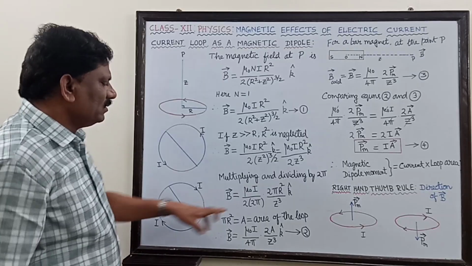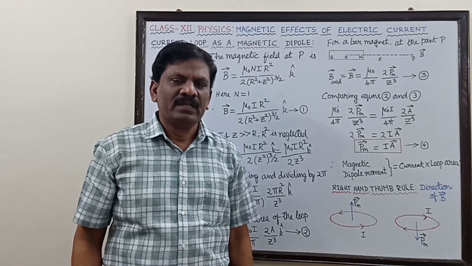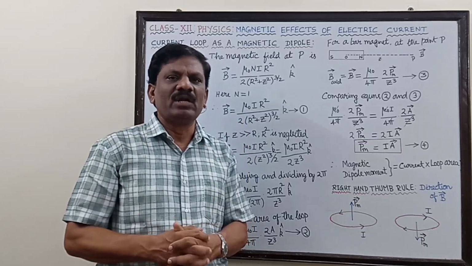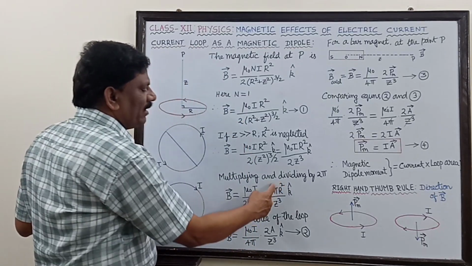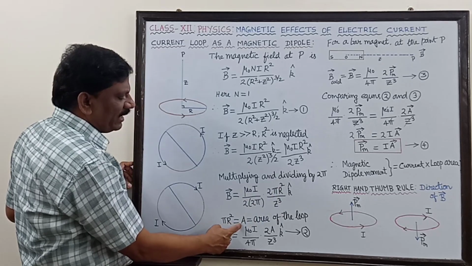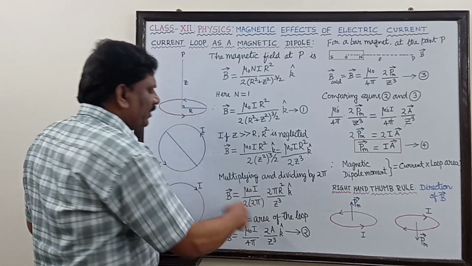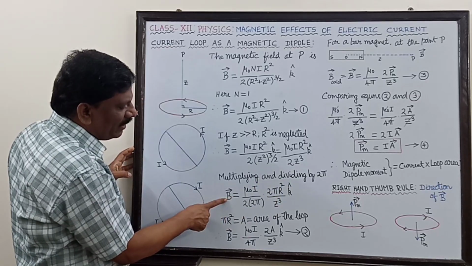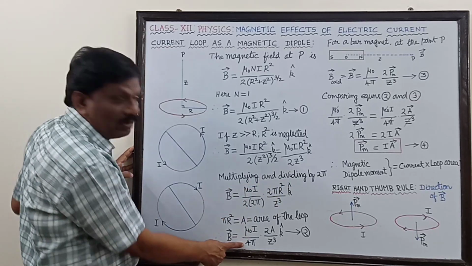Now, this circular loop is having a radius R. So, what is the area of the circular loop? It must be equal to pi R square. So, for this pi R square, I will substitute capital A, that is the area of the circular loop. The above equation can be rewritten as B equal to mu naught I by 2 into 2 pi, that is 4 pi.